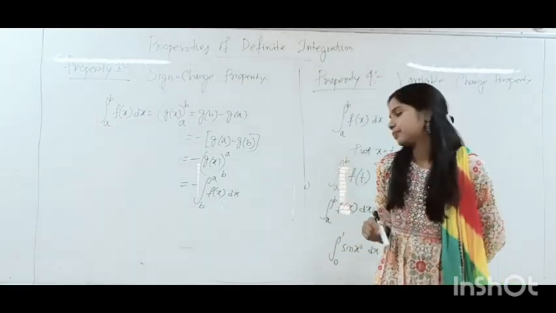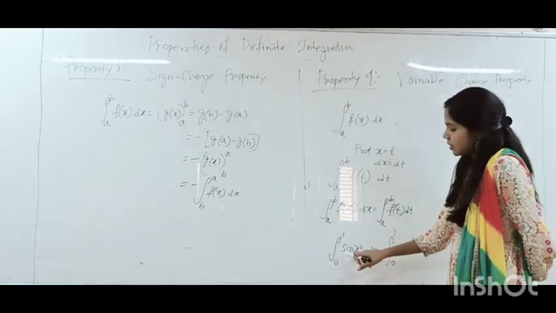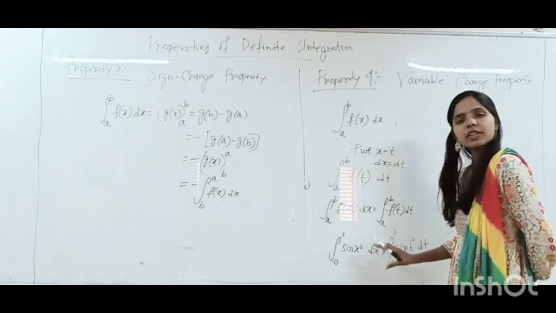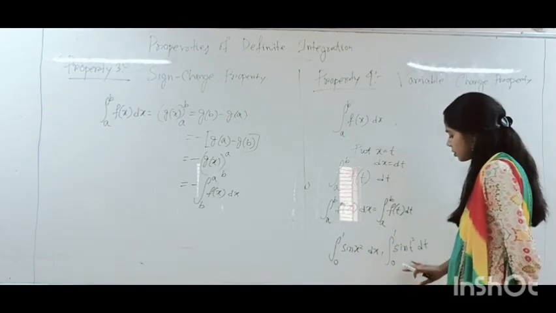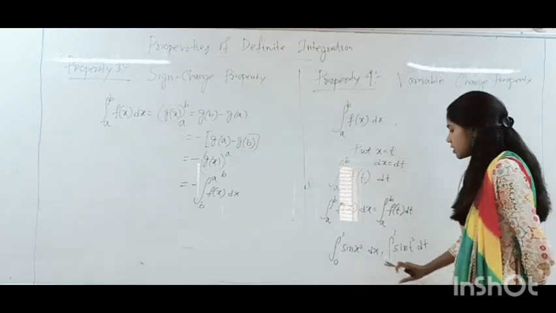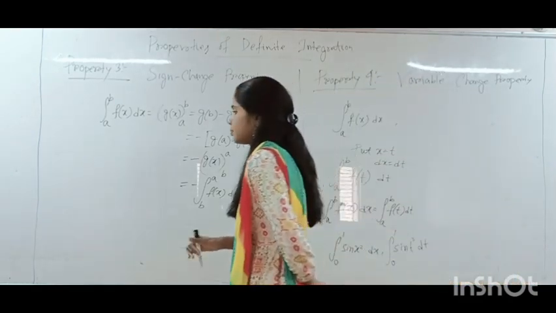No, those two are the same. Whatever the value of integration 0 to 1 sine of x square dx is, it will be equal to 0 to 1 sine of t square dt. These two integrals are the same. Only the variable is different, but the value is the same.